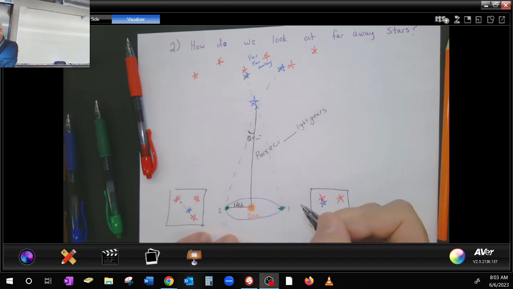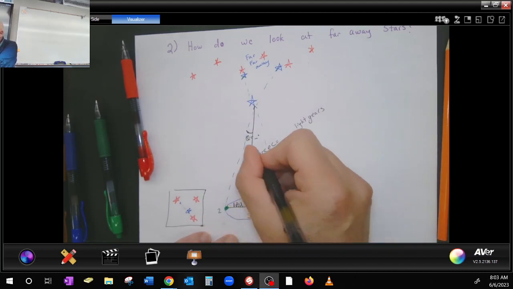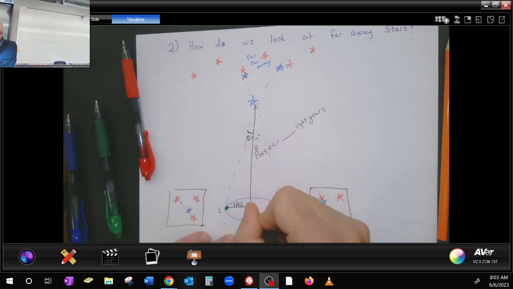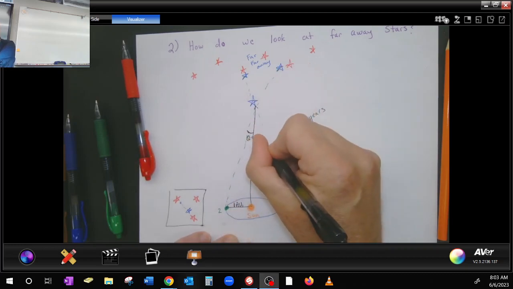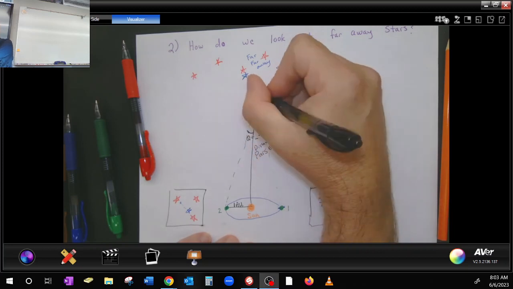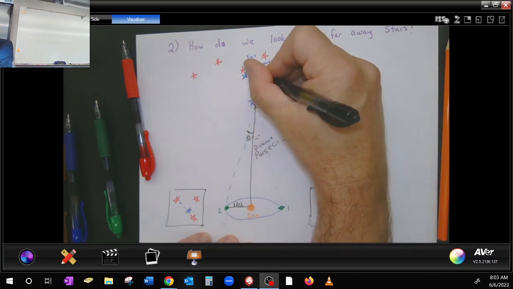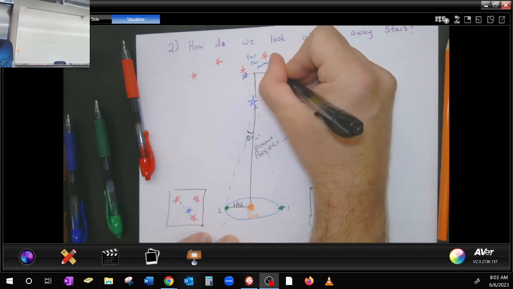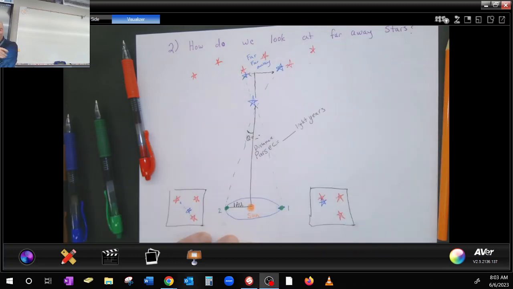You have enough information here to actually figure out the distance from the sun to that star, in parsecs. And we find that angle by looking at that shift in that star. It would be 1/2 that shift.